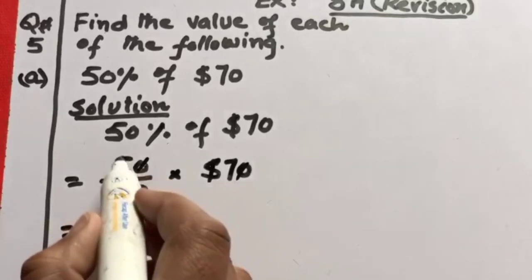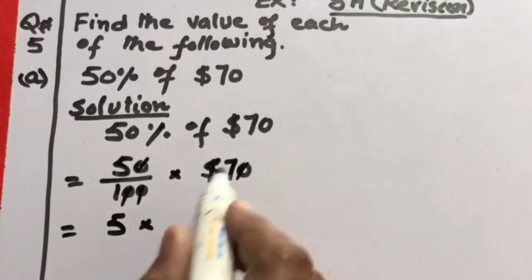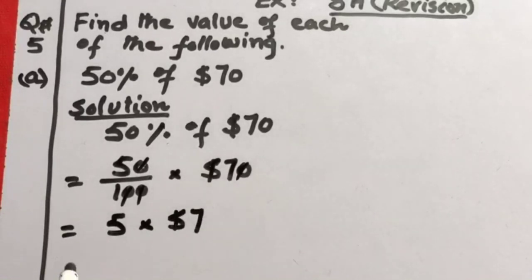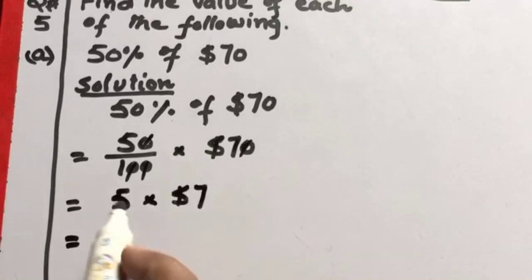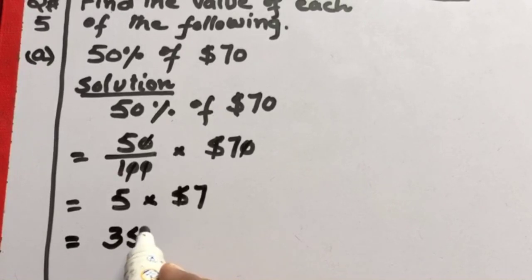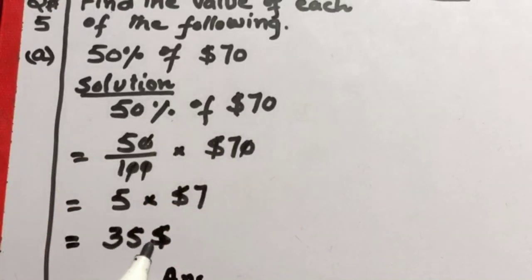So we have 5 in the numerator multiplied by $7. If we multiply 5 by $7, we will have 5 sevens are $35. So the value of 50% of $70 is $35.